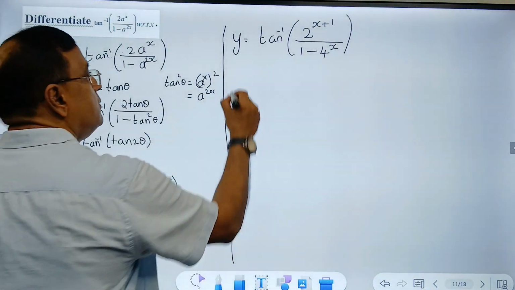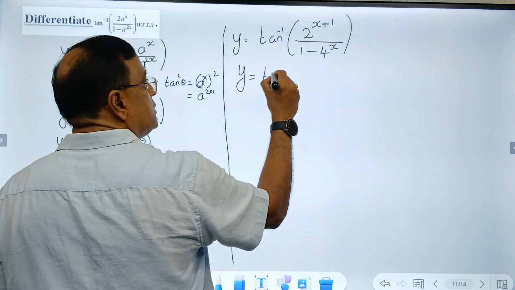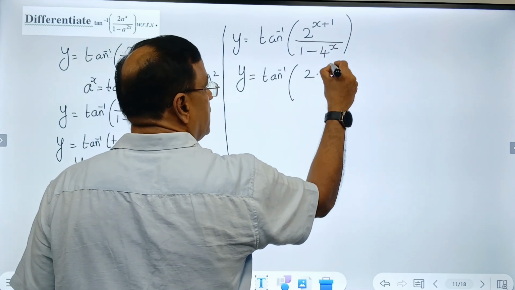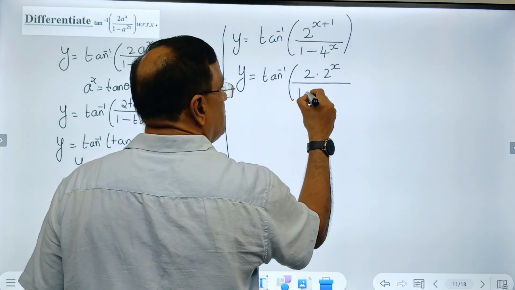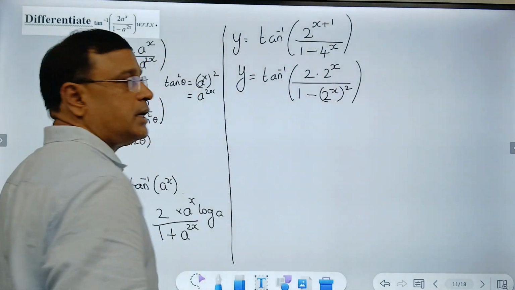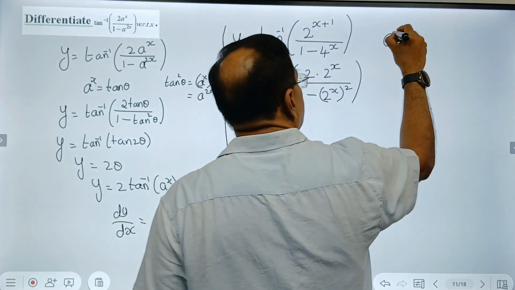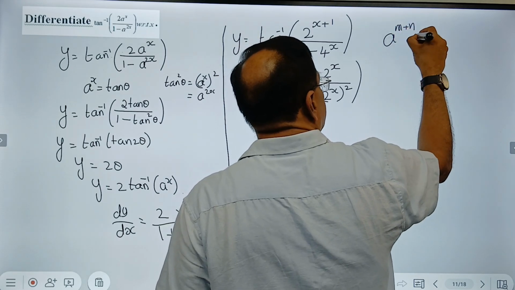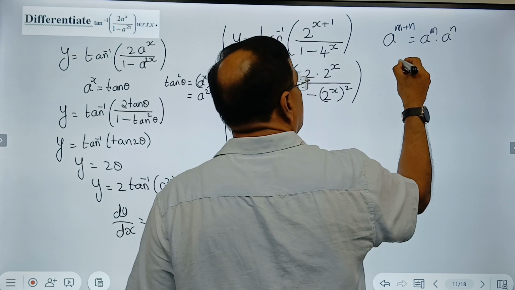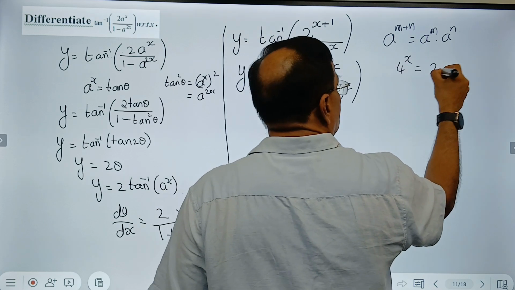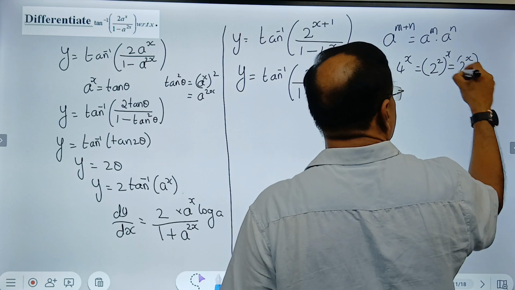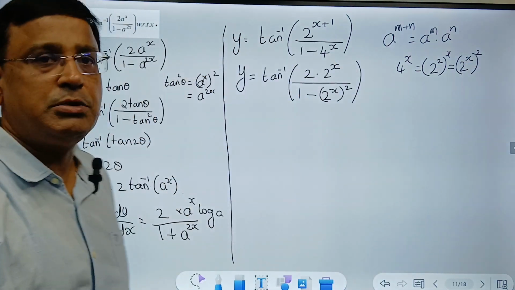So what do I do? This is tan inverse of, I can write this as 2 into 2 power x divided by 1 minus 2 power x the whole square. So what exactly is this? A power m plus n is a power m into a power n, and 4 power x is nothing but 2 square the whole power x, which is 2 power x the whole square. Okay, I think algebra, you know it.